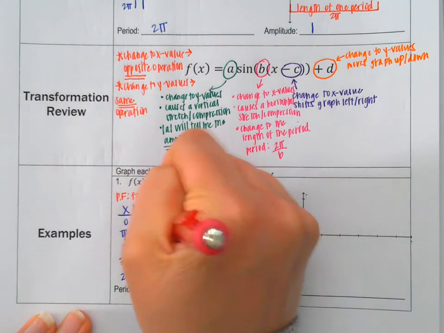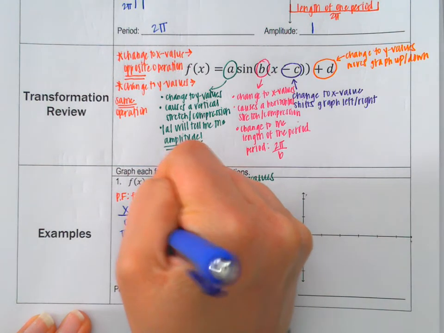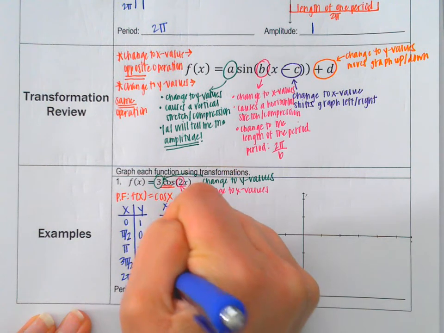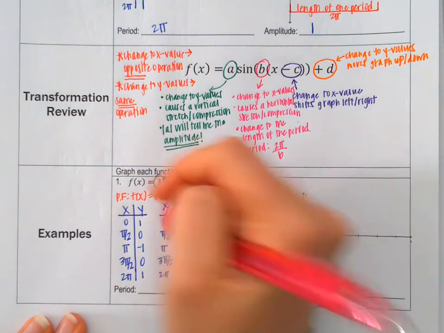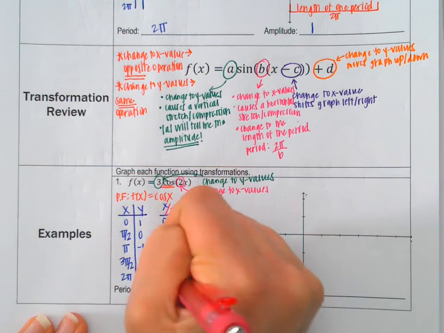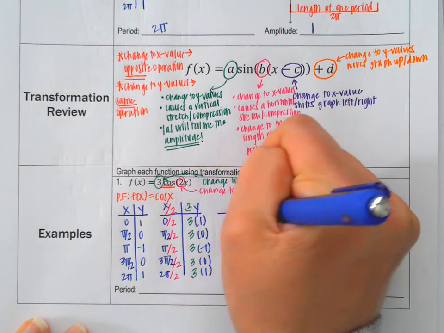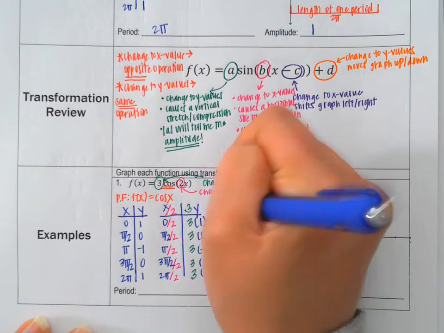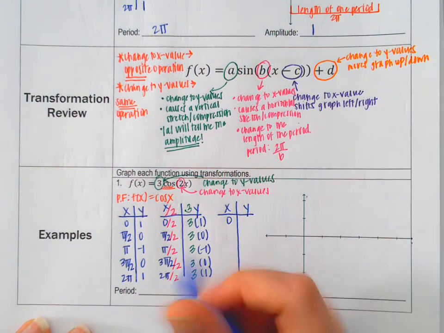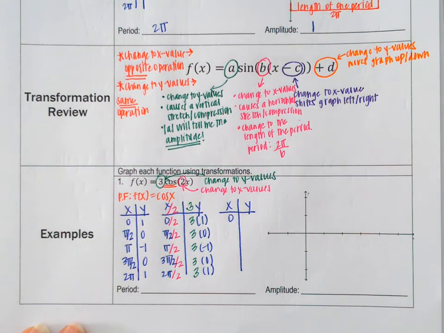So 0 divided by 2, I'm just going to write all of these: pi over 2 divided by 2, pi divided by 2, 3 pi over 2 divided by 2, and 2 pi divided by 2. Now, some of these you can do in your head. 0 divided by 2 is 0. But pi over 2 divided by 2 is a little bit weirder.